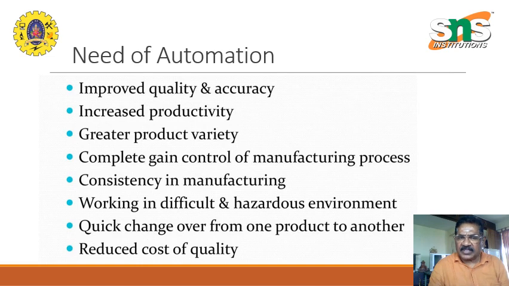Consistency in manufacturing, and working in a difficult and hazardous environment, for example the paint shop, where you can never think of painting manually, because the air is full of very small spheroidal particles of paint, and the whole thing is very toxic and harmful to the human being. In such places, definitely we'll have to go for automation.